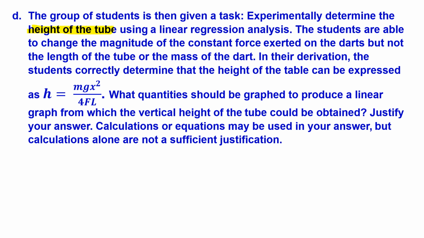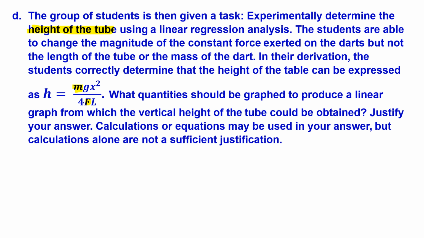The students are able to change the magnitude of the constant force on the darts, but not the length of the tube. So you can change the force, but not L, or the mass of the dart. Once you have selected the dart, you are stuck with M. So this is part of your k.